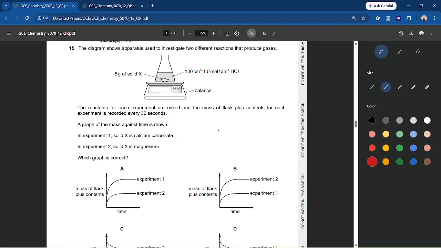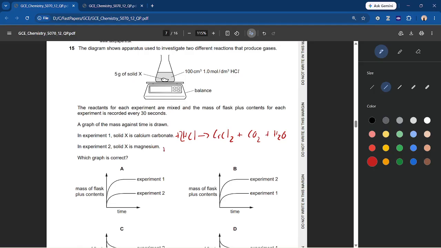A graph of the mass against time is drawn in experiment 1. Solid X is calcium carbonate. So calcium carbonate plus hydrogen chloride liberates calcium chloride plus, this will be 2HCl. And because you've got carbonate, this will be carbon dioxide plus H2O.